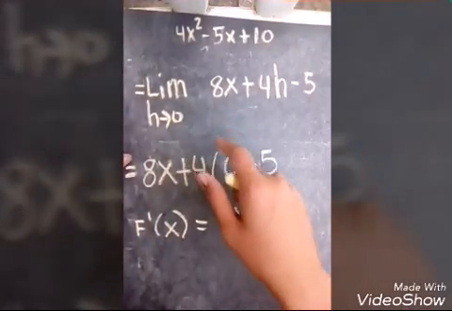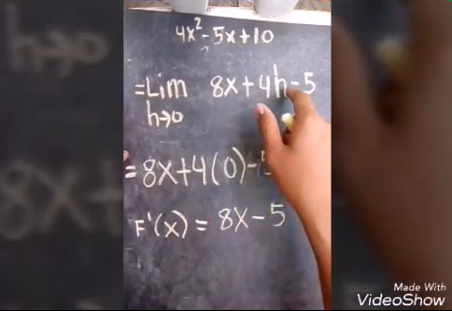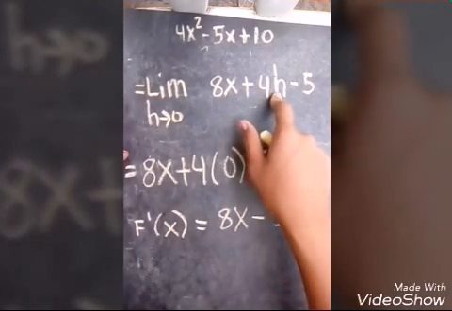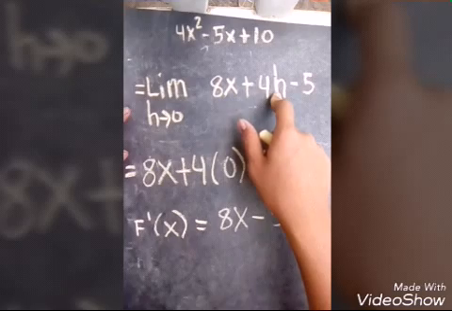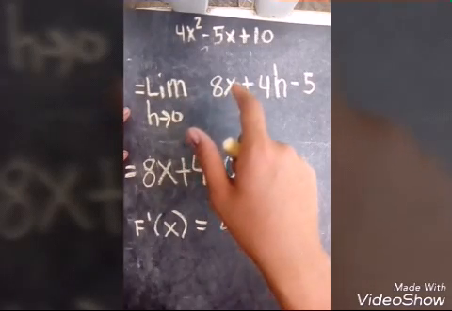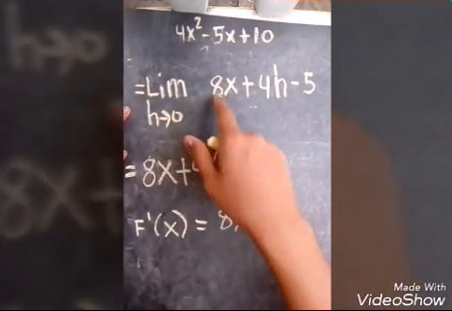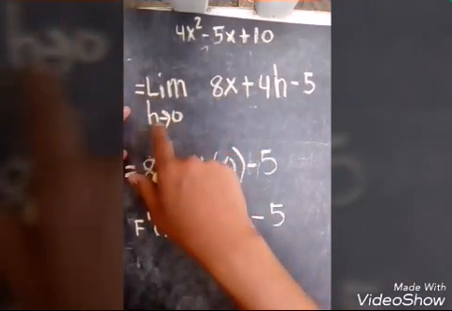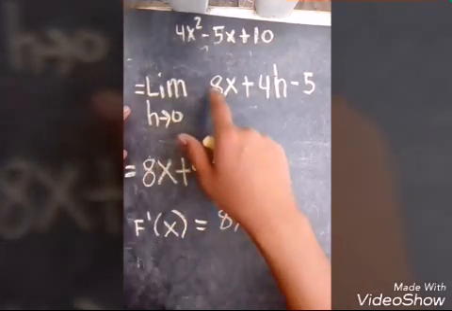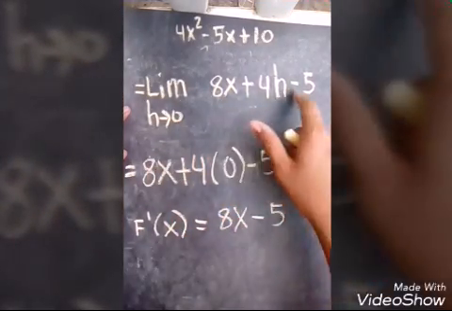After the cancellation of h of each term, the value of those terms earlier will become the limit as h approaches 0 of 8x plus 4h minus 5.